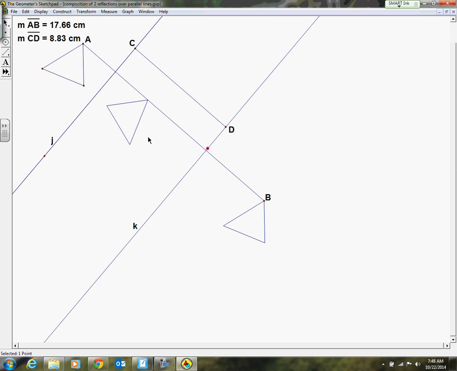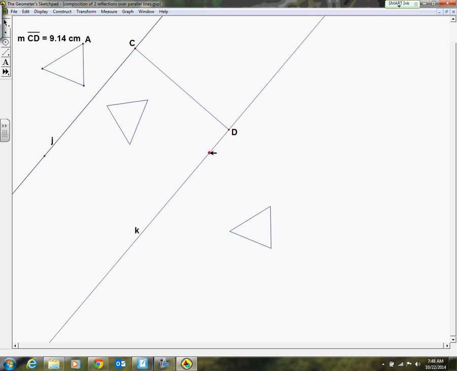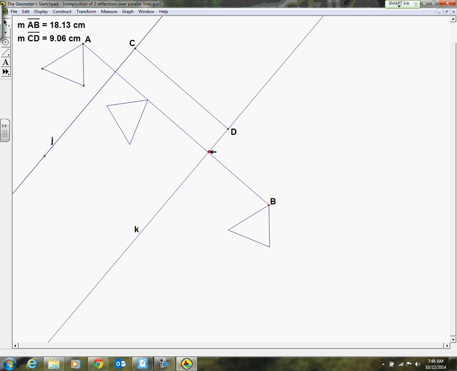But it changed this one. Okay, so look at the distance between the parallels is 9.08, but the distance between A and B is what? 18. It is double, isn't it?